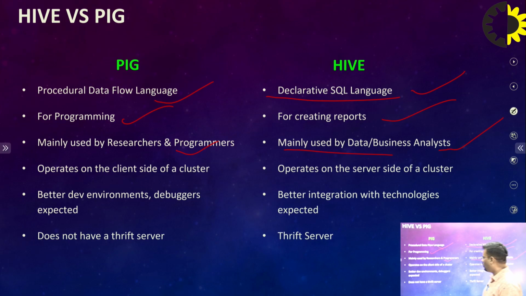Next, PIG operates on the client side of the cluster, while Hive operates on the server side. PIG has a better development environment and debugging expectation, while for Hive better integration with technology is expected. PIG does not have a Thrift server, while Hive also has a Thrift server.